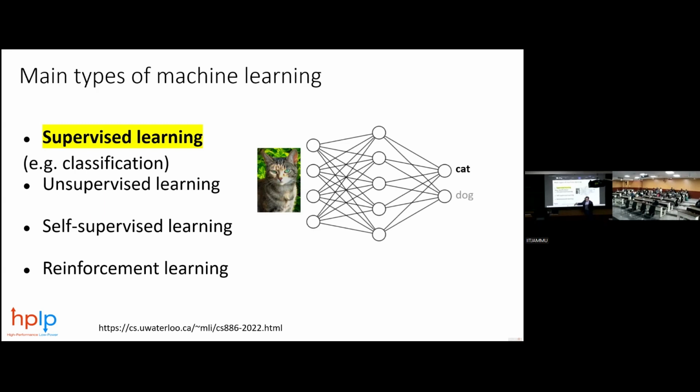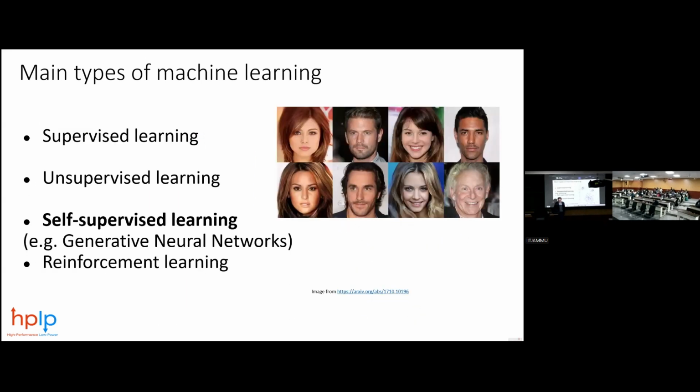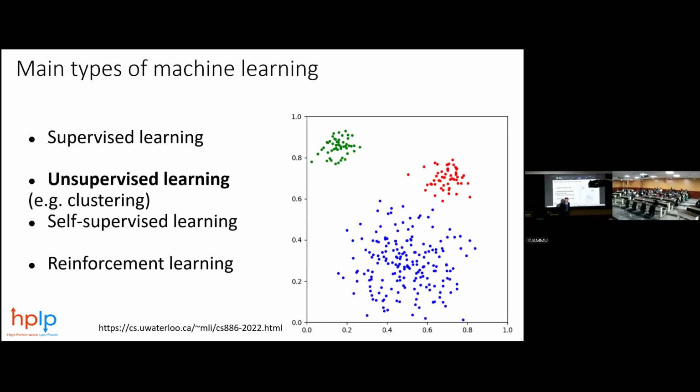Then there is self-supervised learning, and then reinforcement learning. All of them have their own peculiarities. An example of unsupervised learning is just clustering.